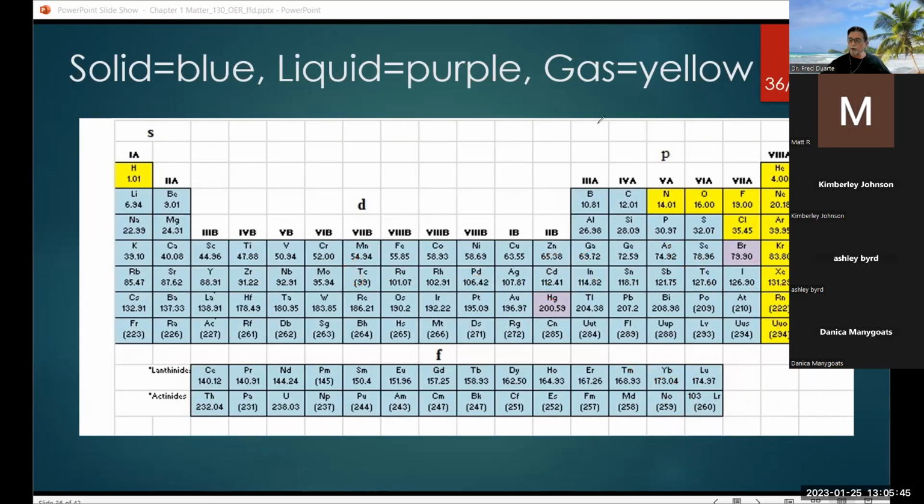The ones in yellow are the gases. So that is all the noble gases. And then on top of that, we have fluorine, chlorine, oxygen, and nitrogen. And then don't forget, way over on the far right, hydrogen. And then there's only 2 liquids, which are mercury and bromine. Remember, this is at 25 degrees, which is roughly room temperature.